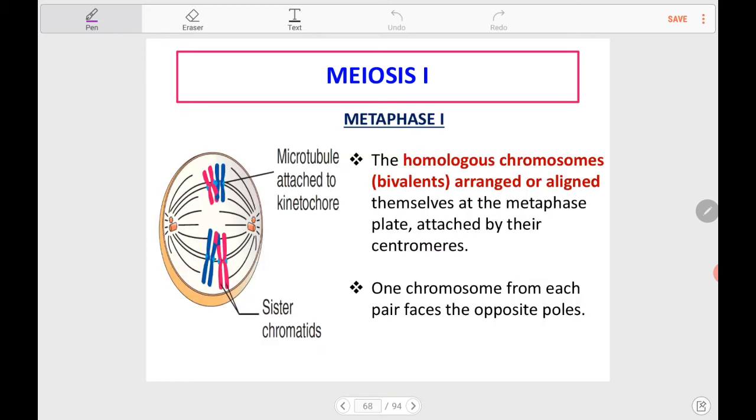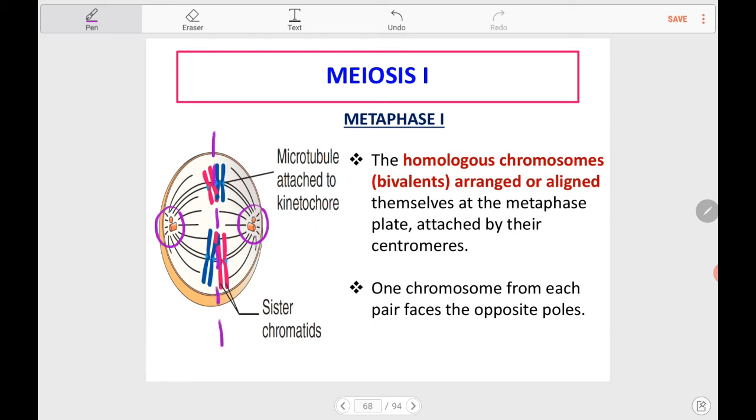Next is the second stage of meiosis 1, Metaphase 1. Similar to metaphase of mitosis, at this point, the centrosome already arrived at the opposite pole. At the same time, we can see that the chromosomes are now aligned at the metaphase plate.